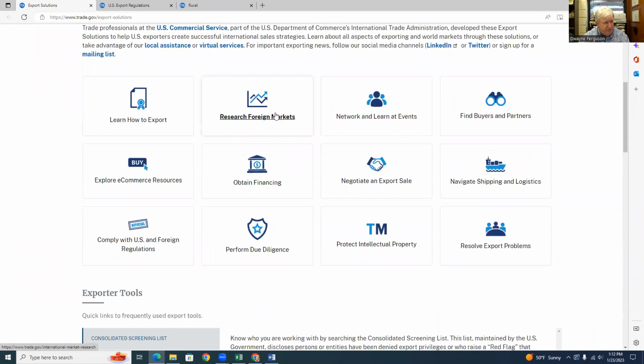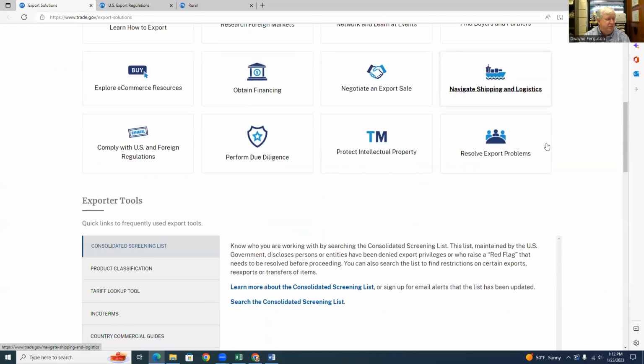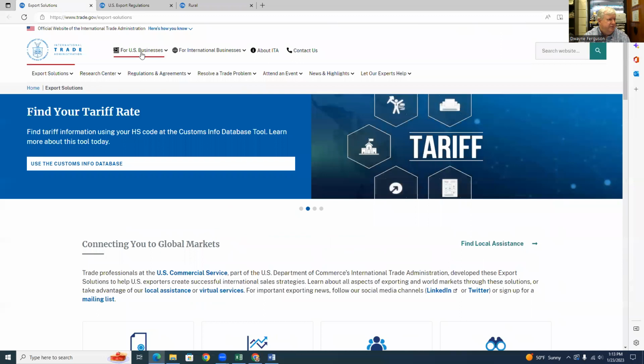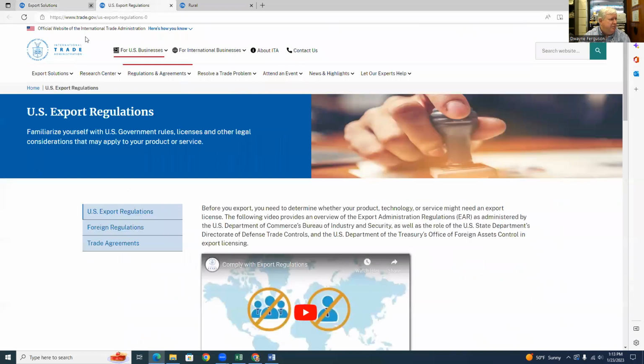You can research the markets in whatever country you're wanting to sell in. Find buyers in those countries. It'll show you different expos that are held in those countries, and you can go there, meet up with buyers, make a deal.